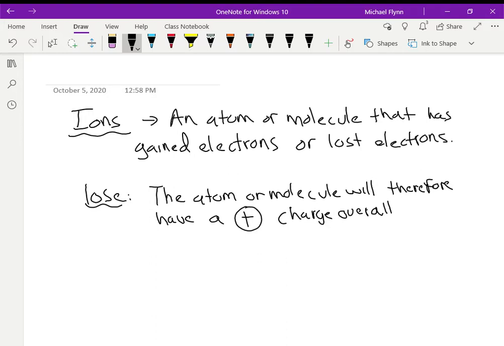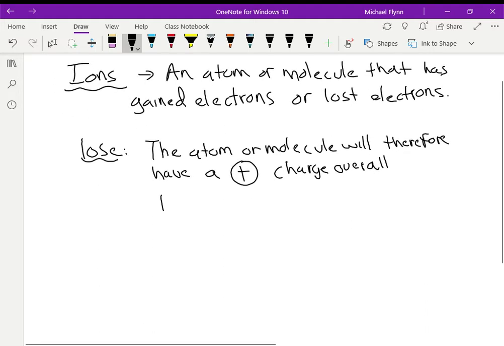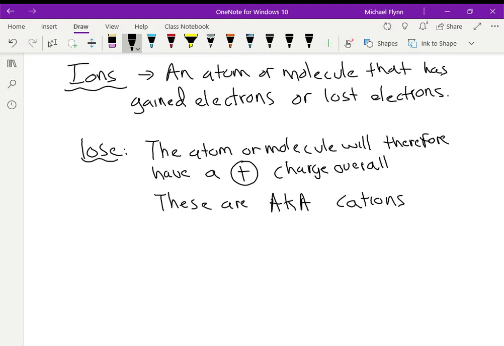The reason is that in a neutral object, the number of positives and negatives are equal, but if you lose some negatives, you're going to have a positive charge left over. These positive ions are also known as cations.